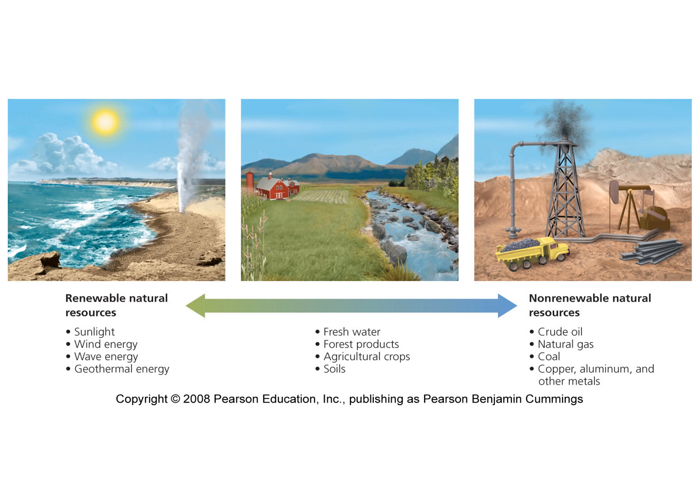Okay, your book also starts talking a little bit about natural resources. And this is something that we're going to come back to over and over again as we go through the year and talk about different resources and how they're used in different ways. So really, if you look over on the left-hand side with these renewable natural resources, these are things that we're not going to run out of.